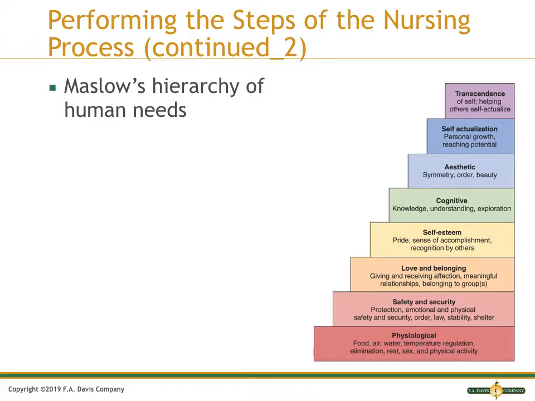So if you are in a really terrible situation where you are homeless, according to Maslow's, your physiological needs are not being met because you don't have shelter. You probably don't have consistent food, or you don't know where your next meal is going to come from. And then moving on to safety and security is the next level of Maslow's.